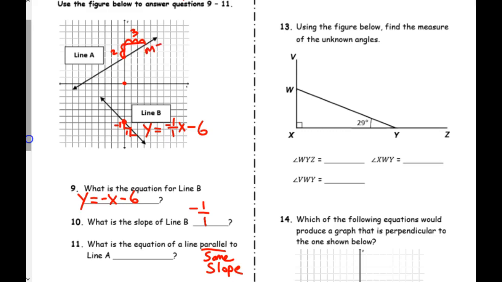So this m over here is 2 over 3. For a parallel line, I'm going to use the same slope, so y equals 2 over 3x. But I have to use a different y-intercept, so I'm not going to use 4. I can use plus 2. Any number besides 4.